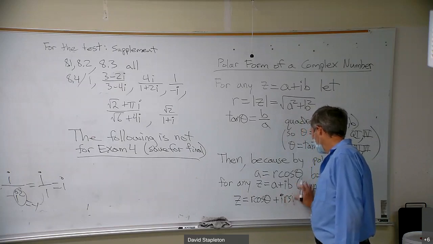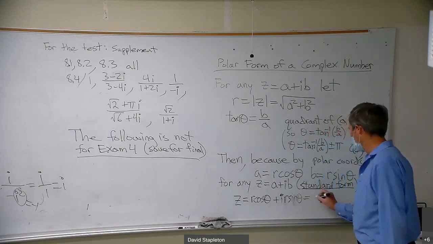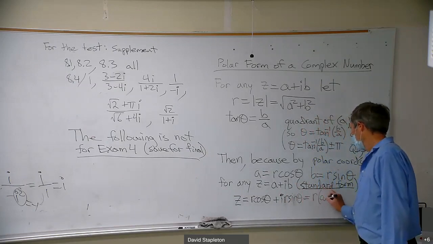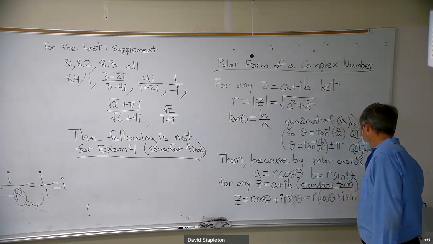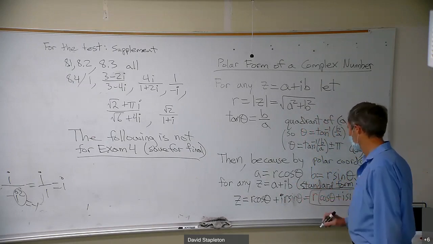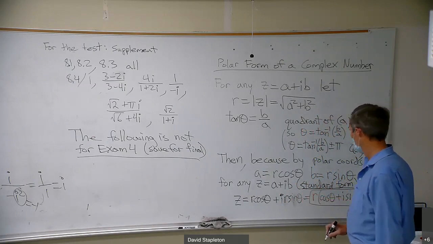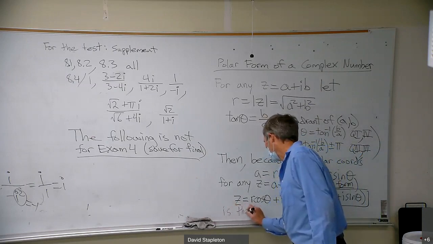We can factor out the r and write this as r times cosine theta plus i sine theta. And we call this its polar form of the complex number.